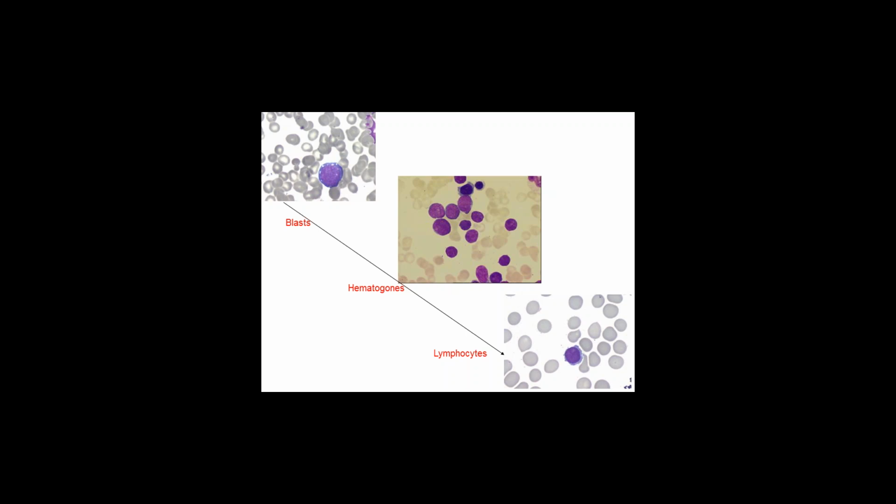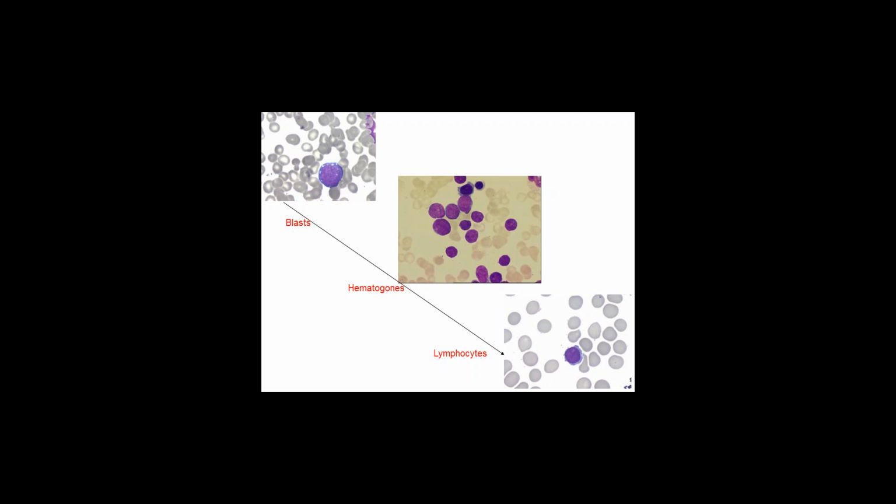Hematogones are very blast-like cells which are present generally in the marrow of children. Especially if someone gets to look at the marrow of ITP in children, you will come across a lot of hematogones. And once you start looking at them, you can distinguish them from blasts.